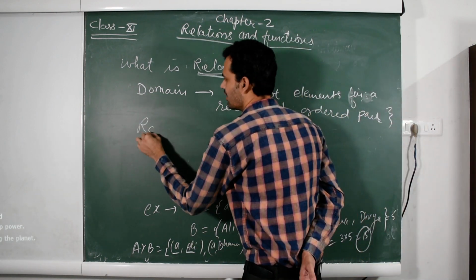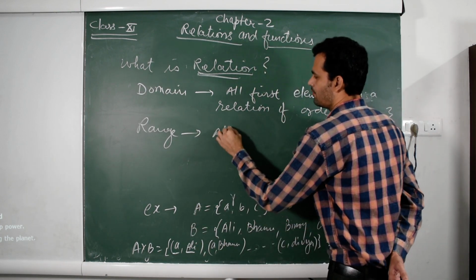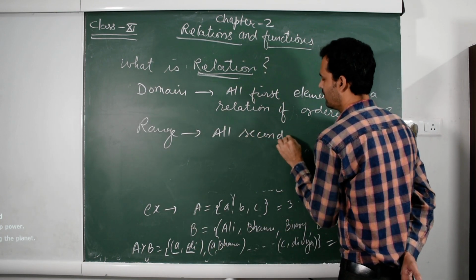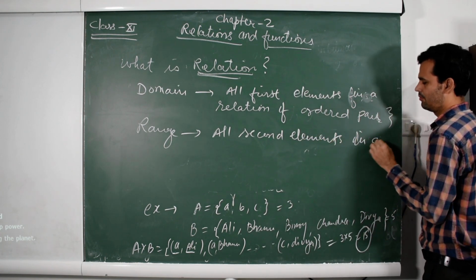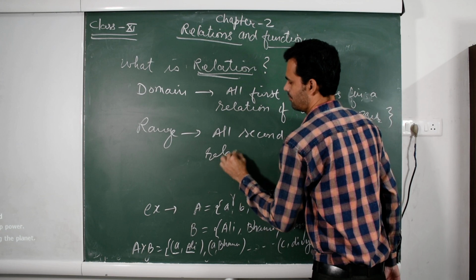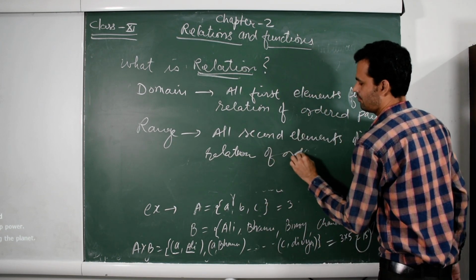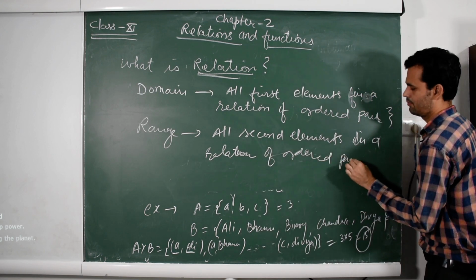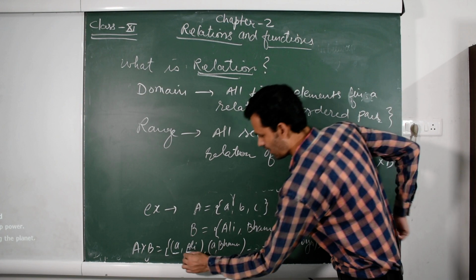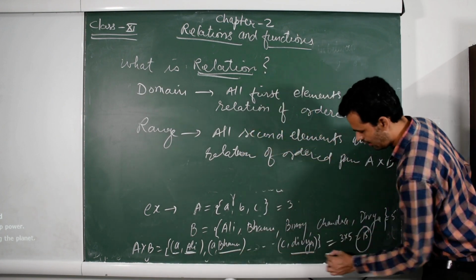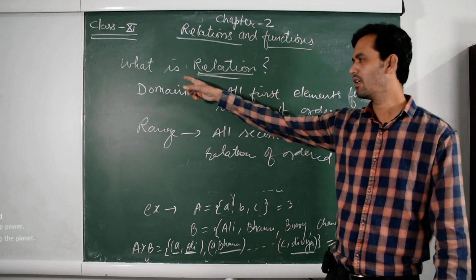Then second is range. What is range? All second elements in a relation of ordered pairs A into B. All the second elements, this Ali, Bhanu, Divya and all second elements are called the range of this relation.